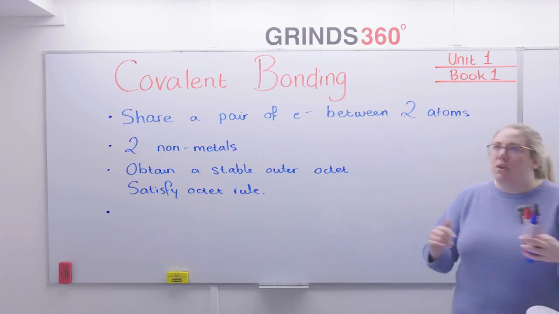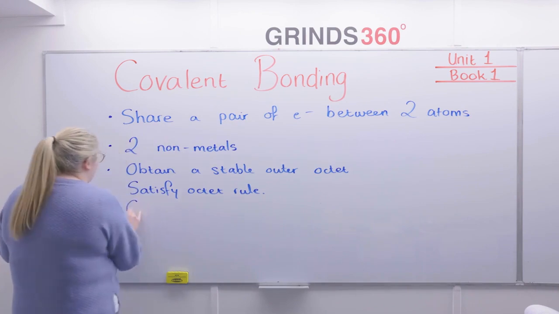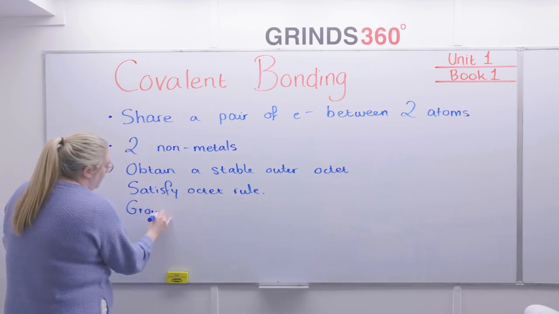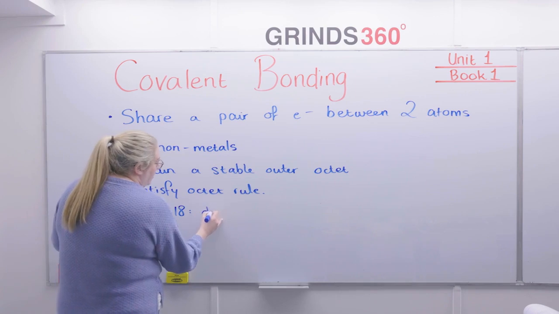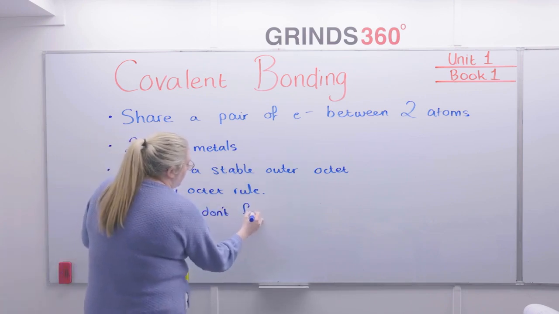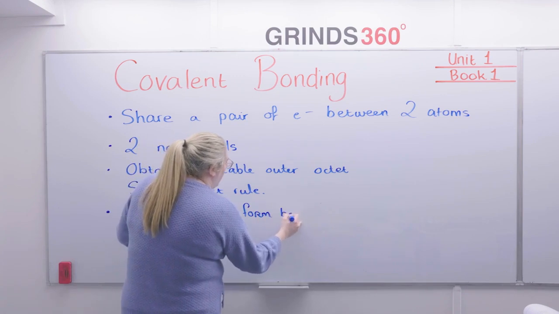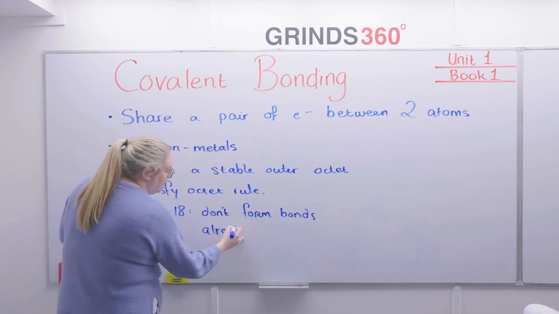Next, the noble gases, so the group 18 or the group 0 elements, they are not going to form bonds. Nobody mentions xenon. They don't form bonds. That is because they already have a stable outer octet.